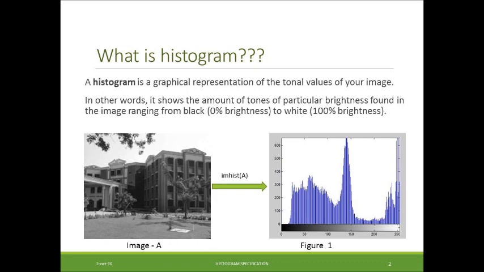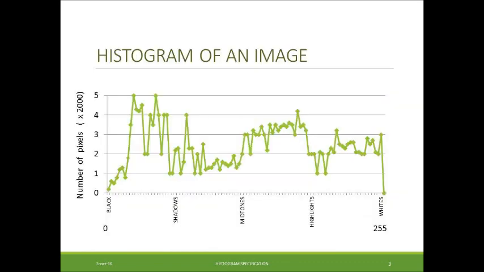Here, figure 1 represents the histogram of the image A. The histogram is obtained by a simple code in MATLAB, that is imhist of A. In digital image representation, the given image is divided into many pixels.